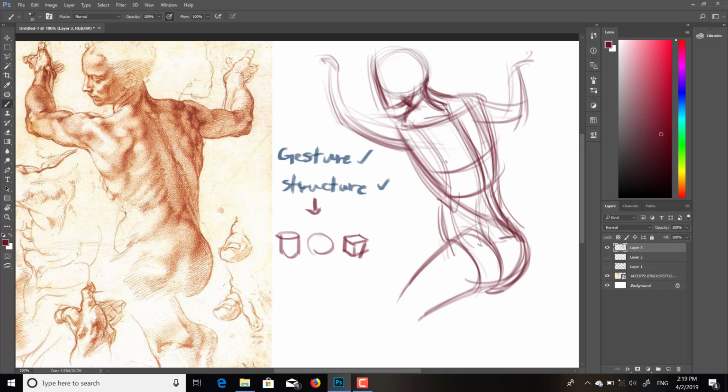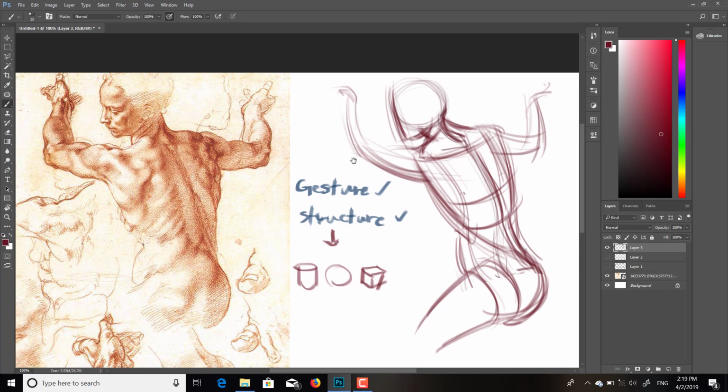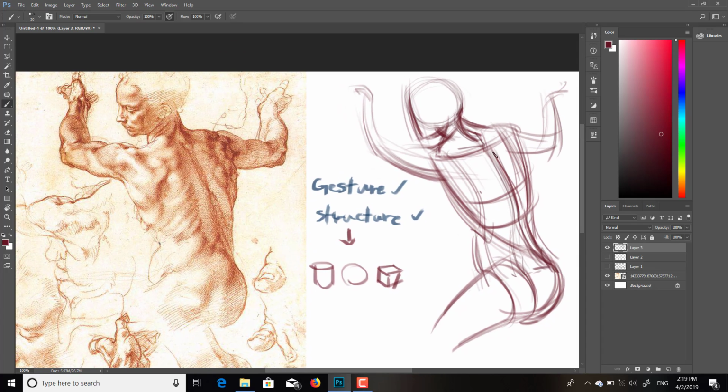And for completing the arms, it's not really necessary to be concerned about all the muscles that we have here.